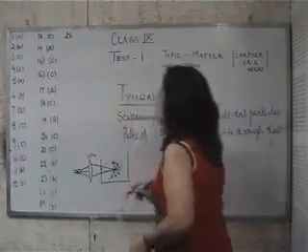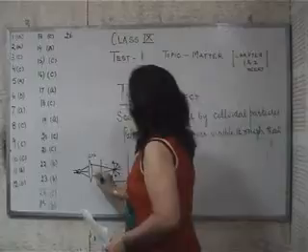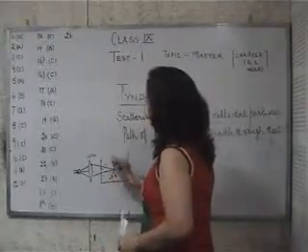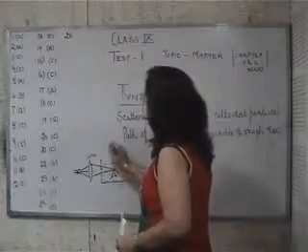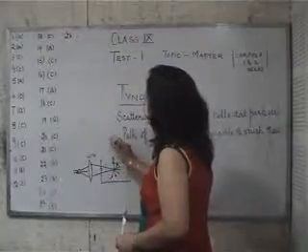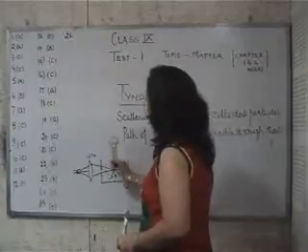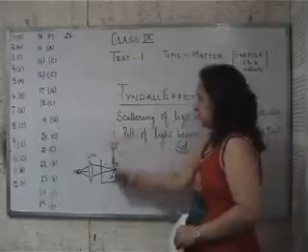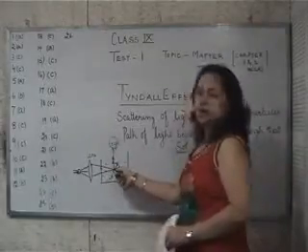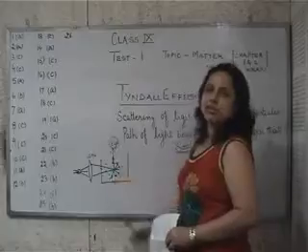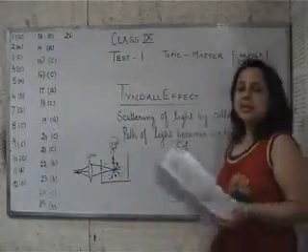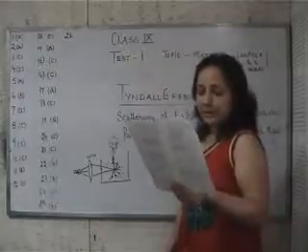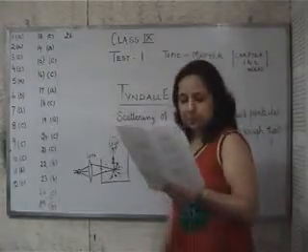The lens is used, light is focused, the colloidal solution is there, and now light is being scattered. If our microscope or the eye is in a perpendicular direction, we can see the scattered light. When we see the scattered light, it means the path of light is now visible. This process of scattering of light by colloidal particles is called Tyndall effect. This was studied by Tyndall, that's why it is named Tyndall effect.